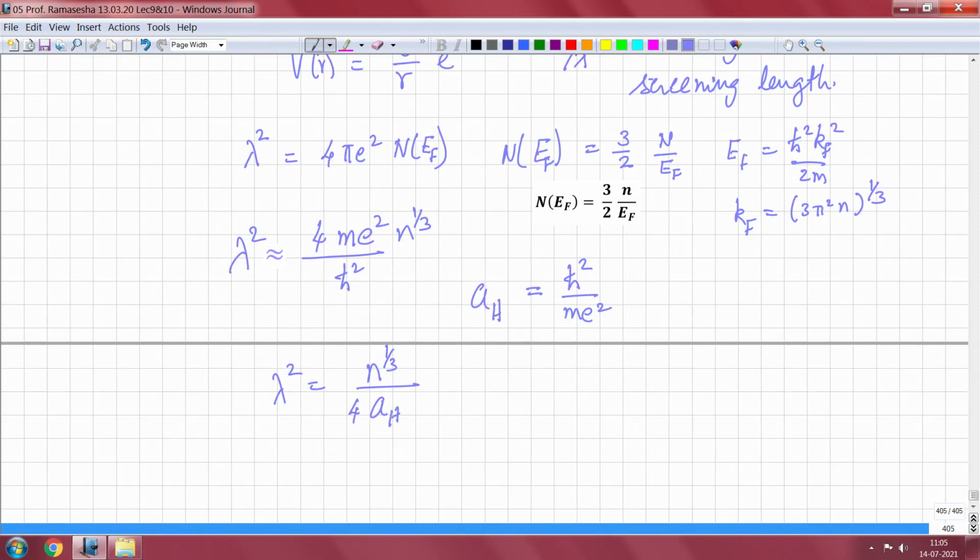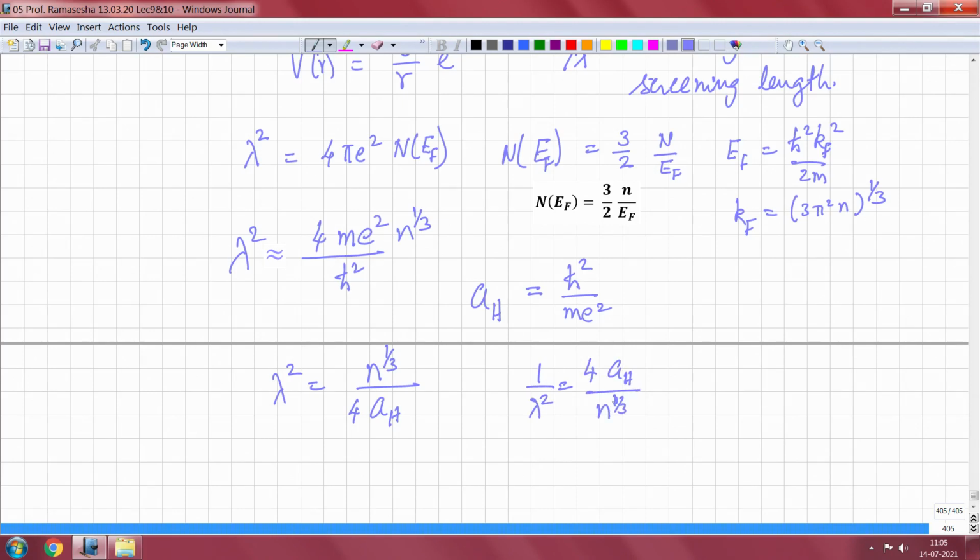Or 1 upon lambda squared is equal to 4AH by n to the power 1/3.